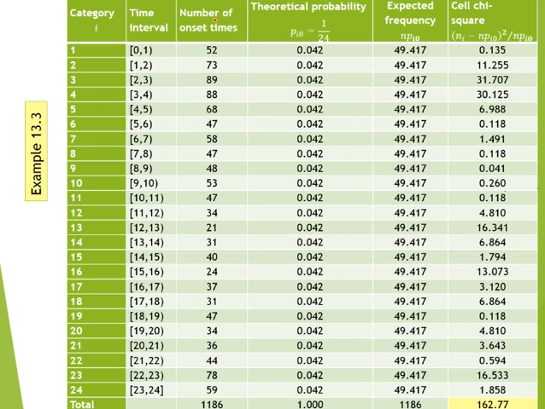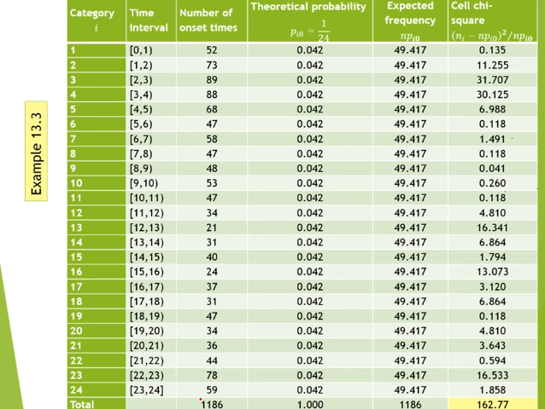The number of frequencies, in other words, 52 mothers had onset of labor between 12 and 1 in the middle of the night, and 59 had onset of labor between 11 o'clock and 12 o'clock. And all in between, we assume that it's uniformly distributed.